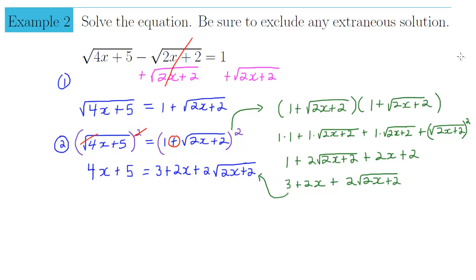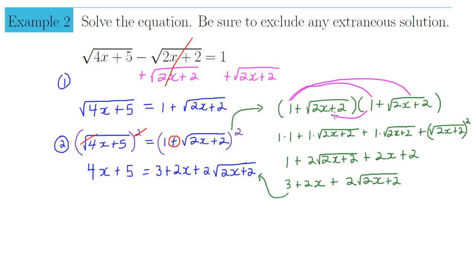Okay, so here's the results of our foiling problem. When you take 1 plus root 2x plus 2 times 1 plus root 2x plus 2, you have to FOIL it out. So this 1 needs to get multiplied by this 1, which I wrote right here. This 1 also needs to get multiplied by this root 2x plus 2, which I wrote right here. Then this whole root 2x plus 2 needs to get multiplied by 1, which I wrote right here.